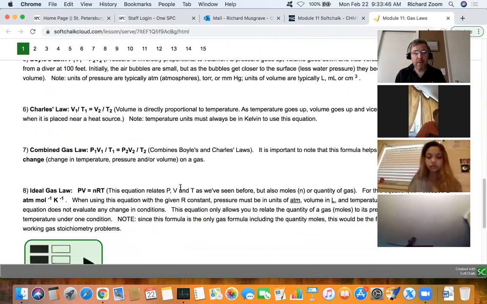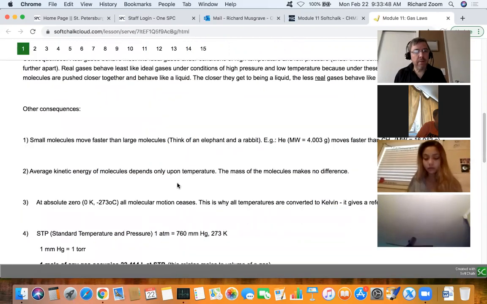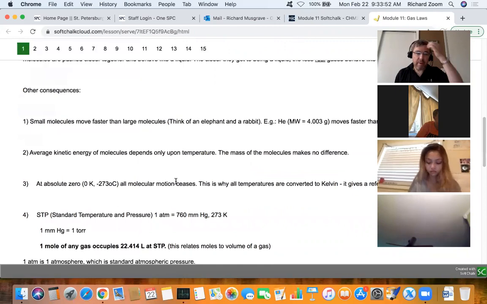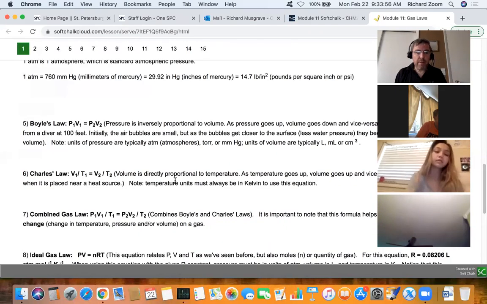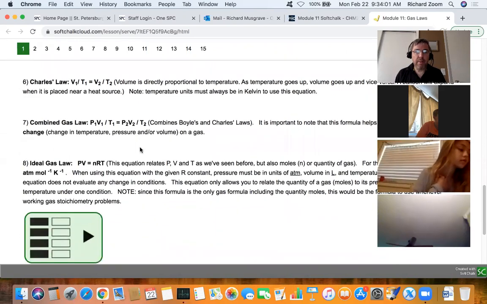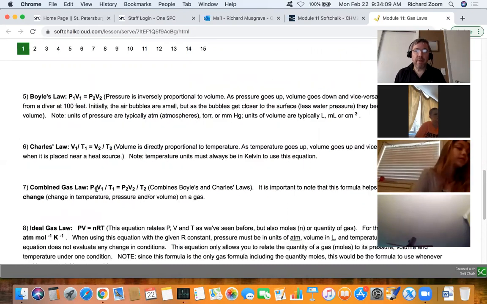Okay, the first thing, you can read through this stuff here on your own about the background of the kinetic molecular theory. I'm just going to apply it directly to what you're going to be dealing with here. We're going to be dealing with the combined gas law, which is a combination of Boyle's and Charles' laws that allows us to relate pressure, volume, and temperature.